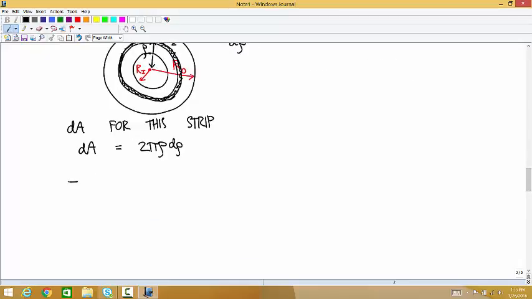And then the polar moment of inertia is the integral of rho squared times 2 pi rho d rho for all rho values between R inner and R outer.